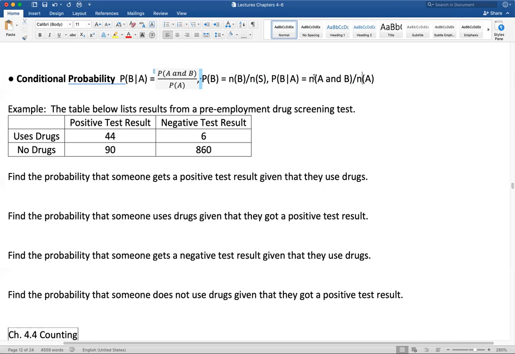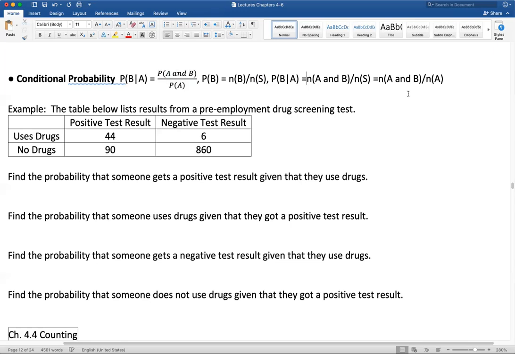Okay, you may wonder why this fraction can be expressed this way, because I skipped one procedure. Look at P of A and B, the top one. Applying classical probability, this is N of A and B divided by N of S, the number of outcomes in the sample space.